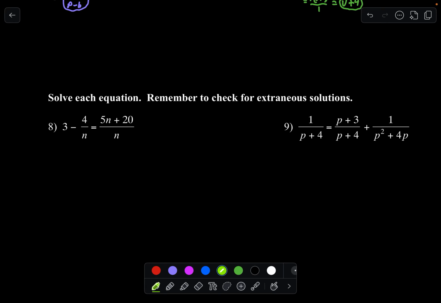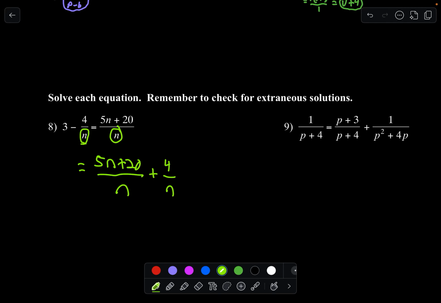To do this, there's lots of ways to do this. My first thought is, hey, the denominators of these two fractions are the same, so if I just add 4n to both sides, you would get 3 equals 5n plus 20 over n plus 4 over n.